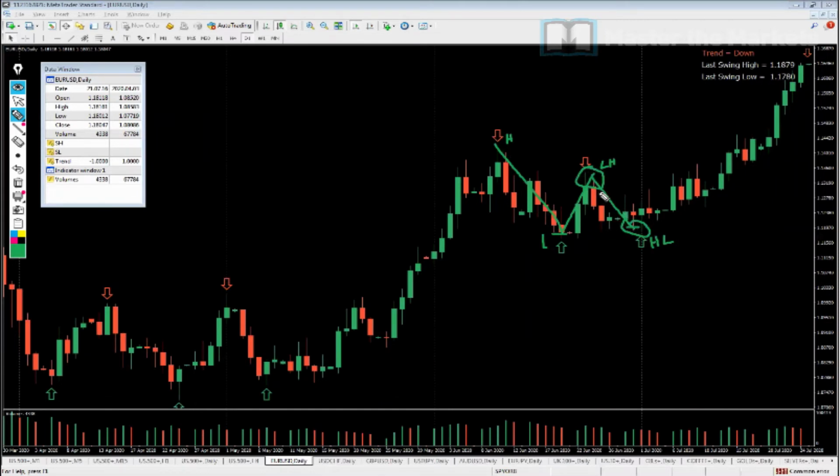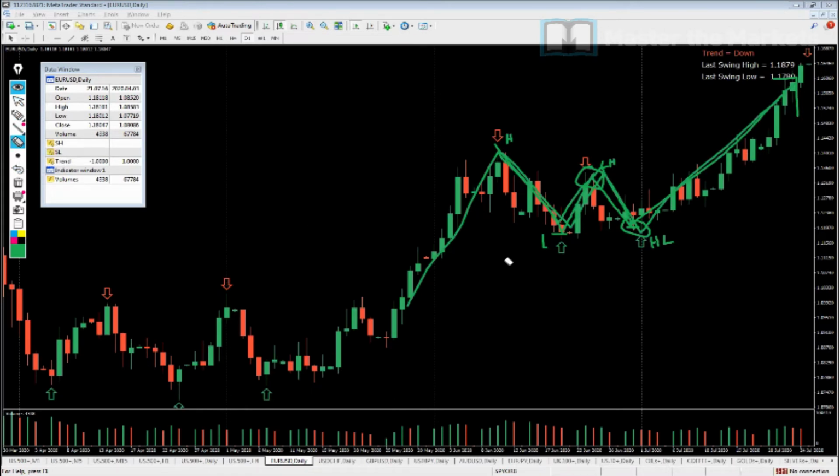And then after a single market compression, we have a breakout to the upside, breaking out of this downtrend into a new uptrend.